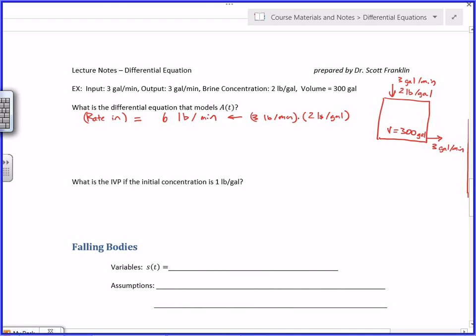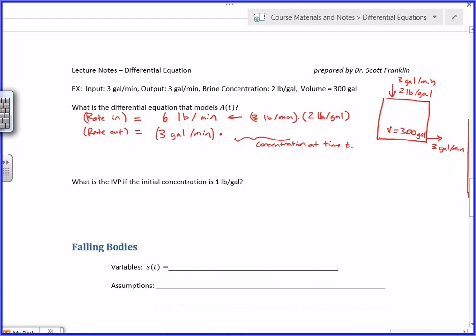The rate out, 3 gallons per minute, but that's just the flow rate. What's the actual rate of salt going out? So you've got to multiply the flow rate times the concentration of what's actually in the tank at that time t. So times, should be 6 too. No, because the 6 is, I mean, if we plug in, say, 2 pounds per gallon, that's what's coming in.